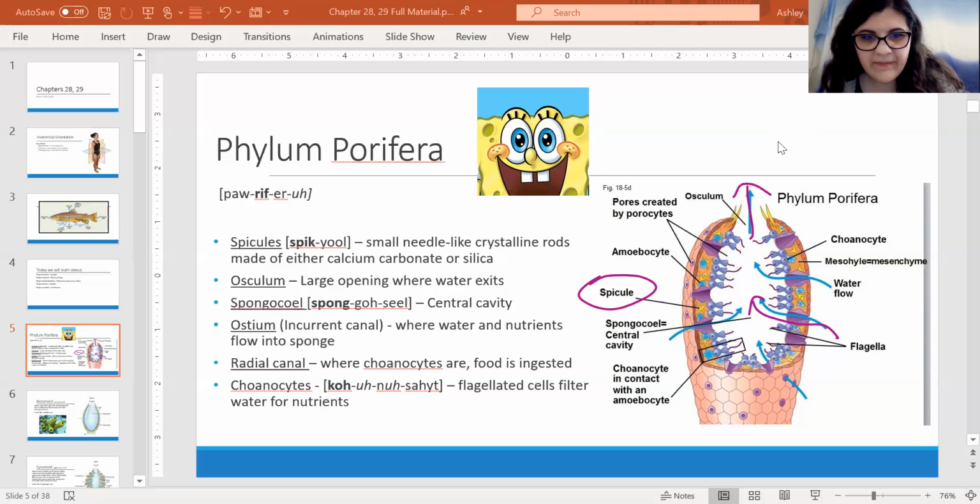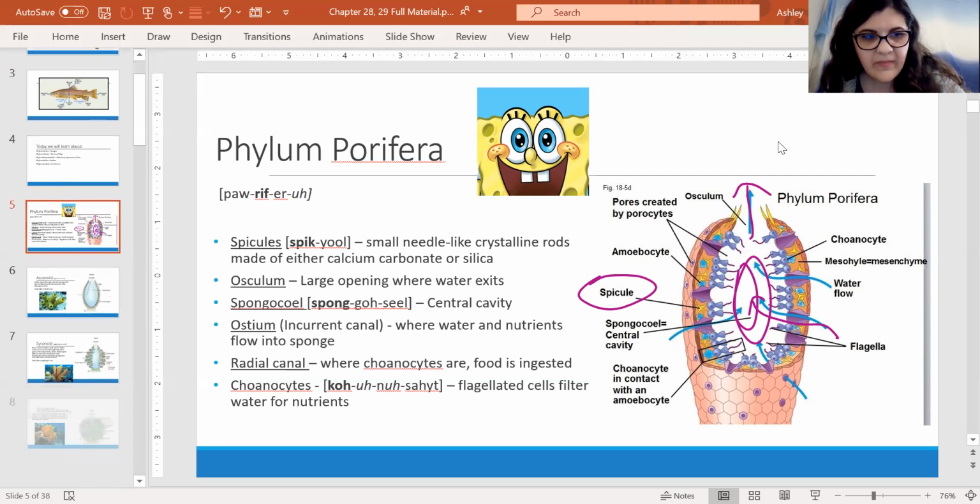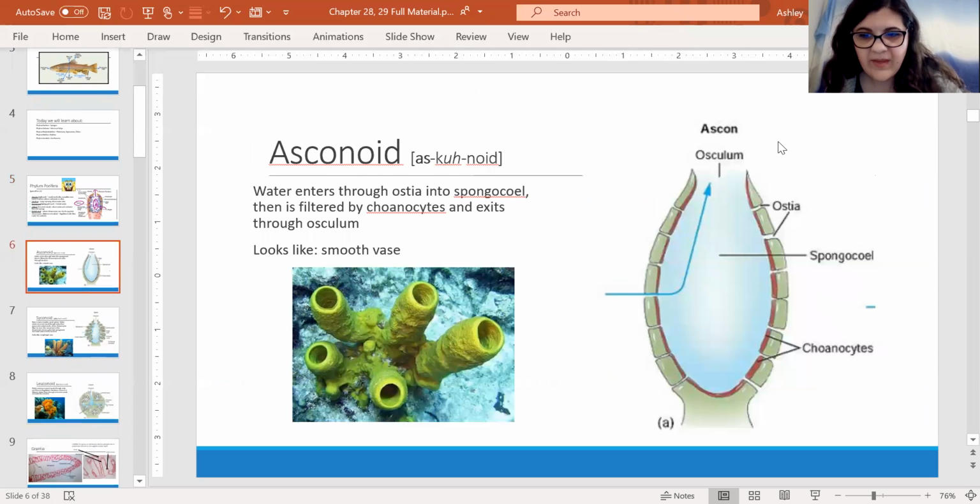The central cavity is the spongocoel. That's the center of the sponge right here. Radial canals are something we'll see better on the next slide. So there are three main body types of sponges. The first one is the asconoid sponge, shown here.